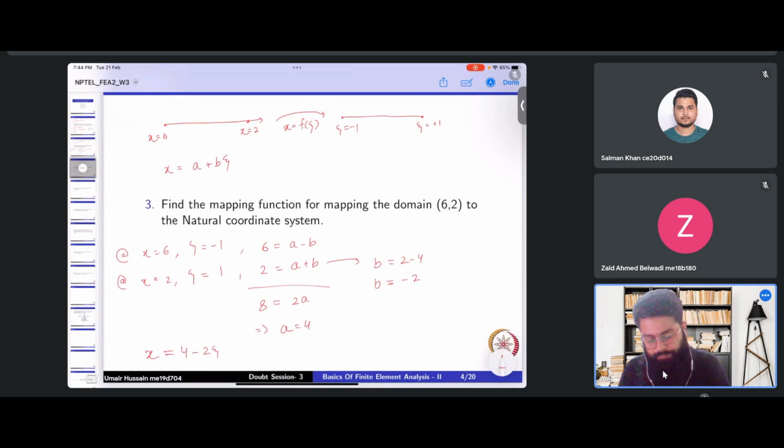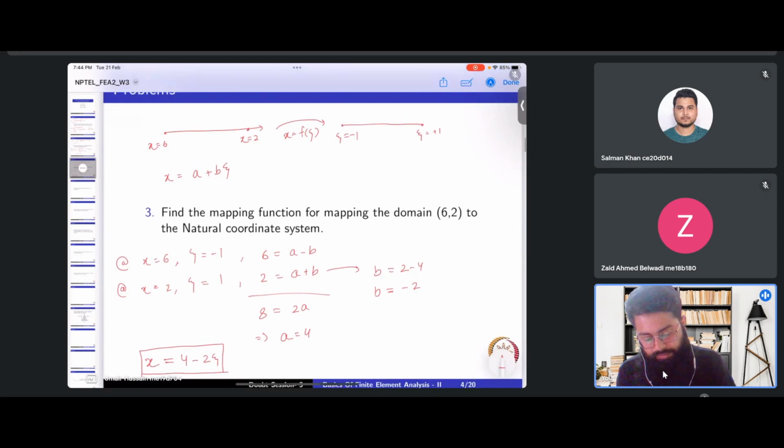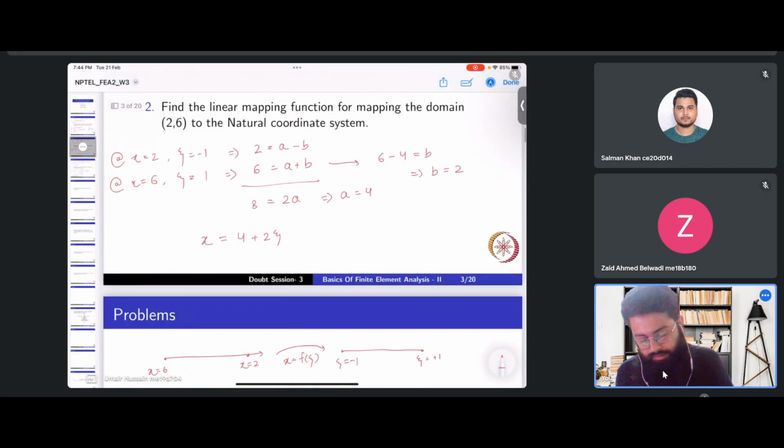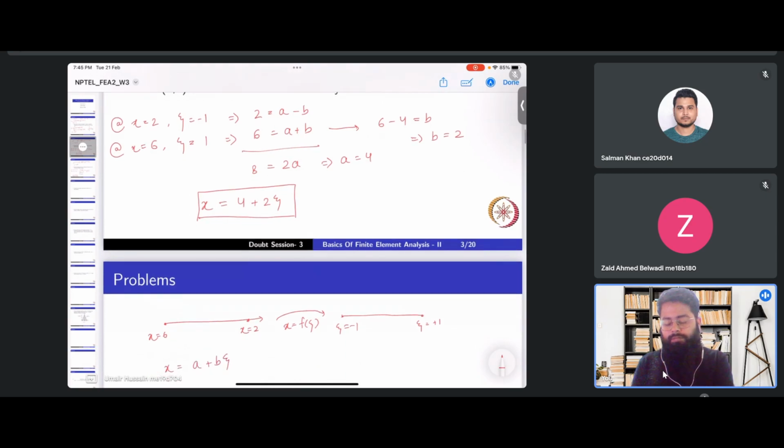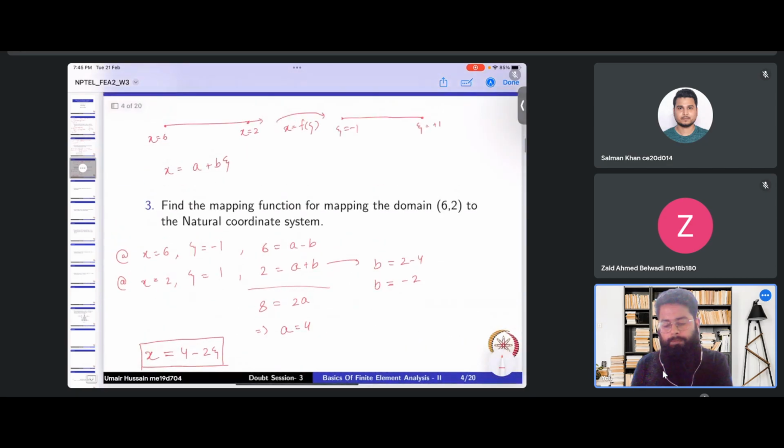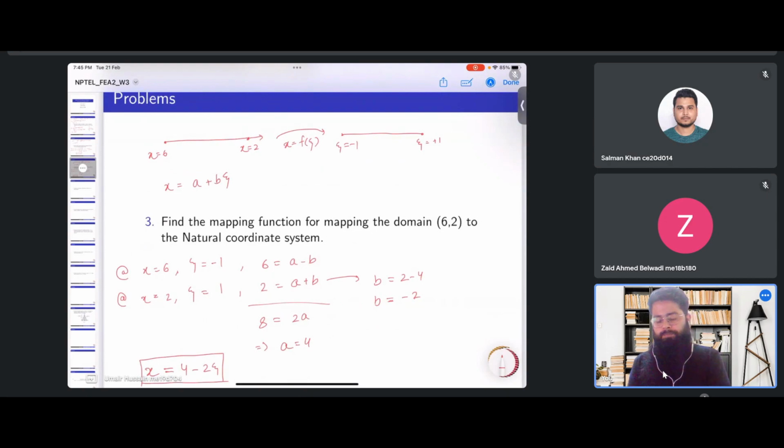Okay, so there's an observation that we can see in these two solutions. Can someone highlight this? What can we observe from these two problems? You can unmute yourself and answer.